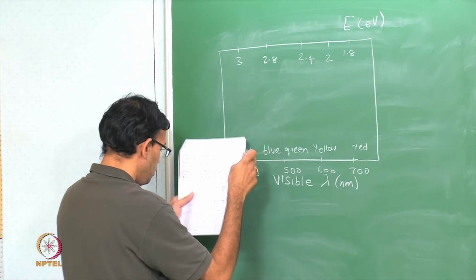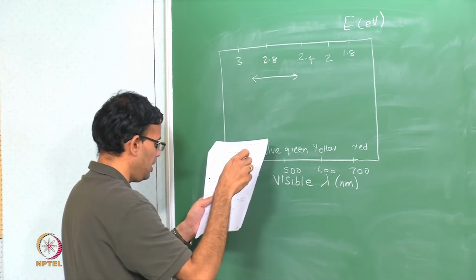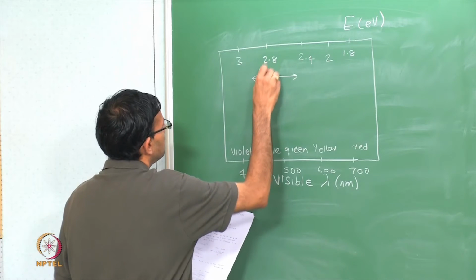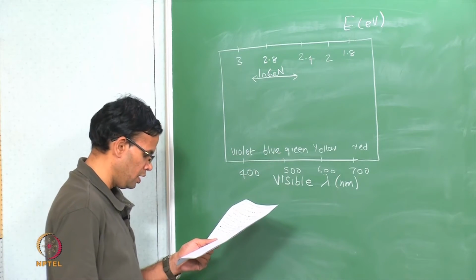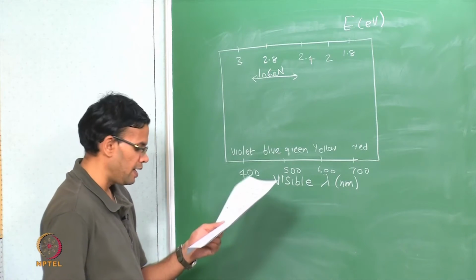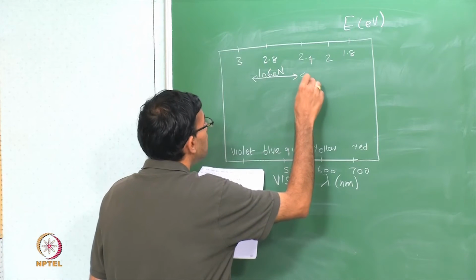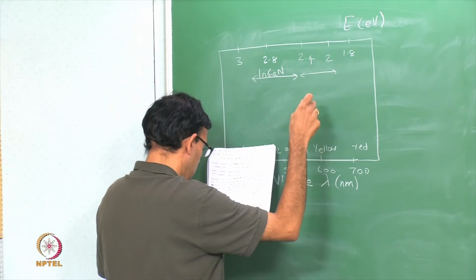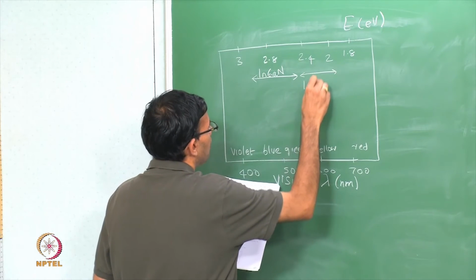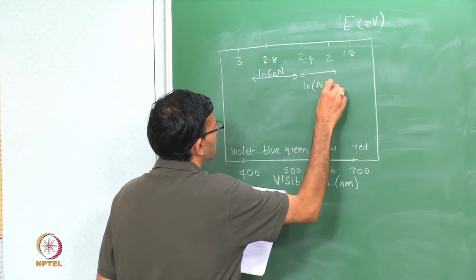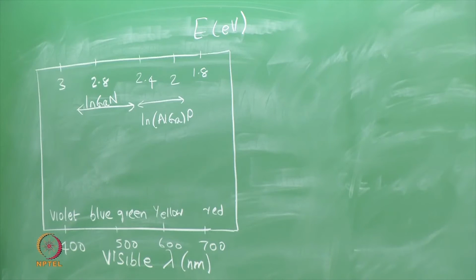Within the blue region, typically you can use an indium gallium nitride based material for a slightly lower band gap. You have indium based with aluminum gallium phosphide, so it's an indium phosphide doped with aluminum and gallium.